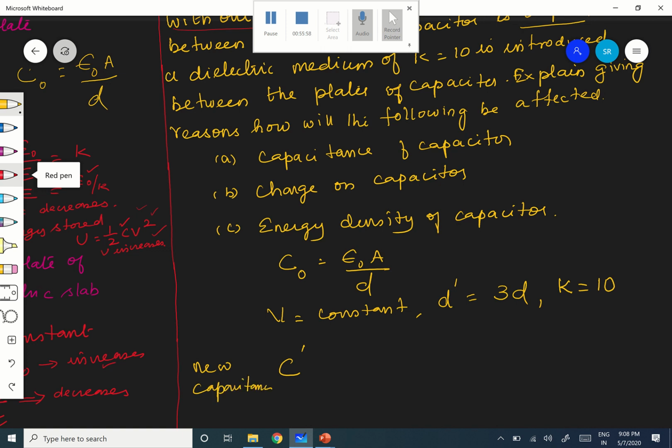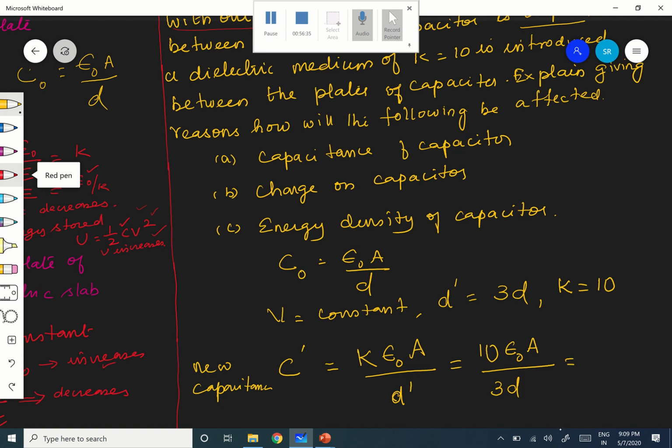What is C dash? Because a dielectric is introduced, it is K epsilon naught A divided by D dash. That is K epsilon naught A by D dash, where K is 10, so 10 epsilon naught A divided by D dash, which is 3D.